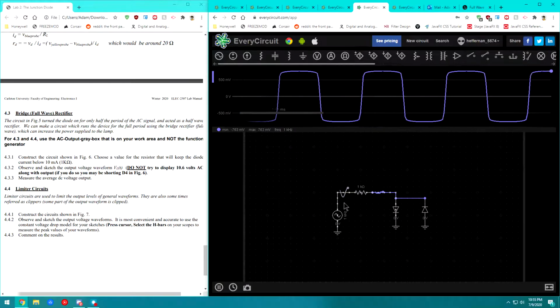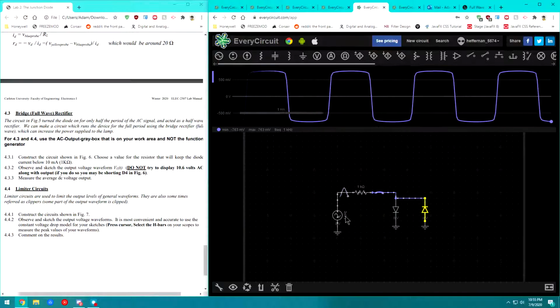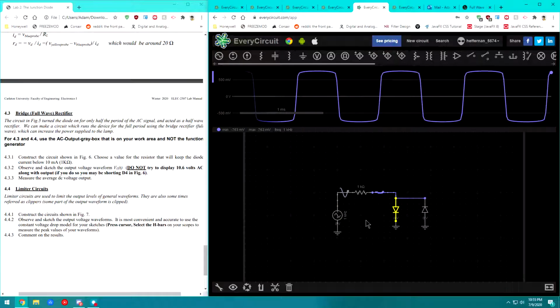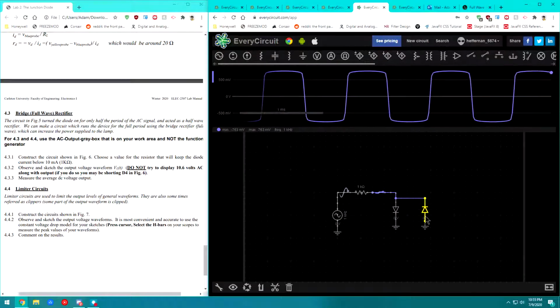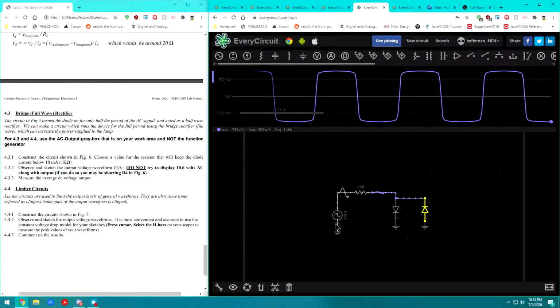Next, we have the one with 2 diodes, one in the reverse bias, one in the forward bias. You can see in the positive half cycle, the forward bias diode is conducting, and in the negative half cycle, the reverse bias diode is conducting.